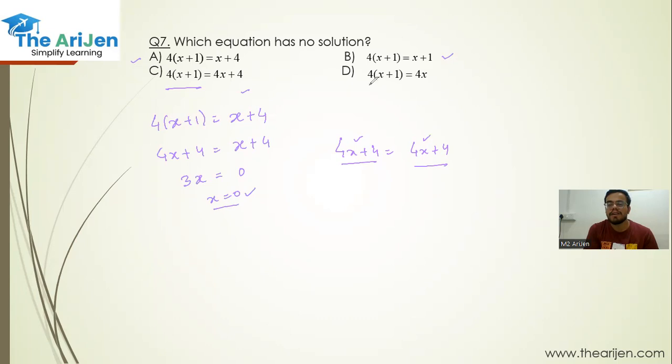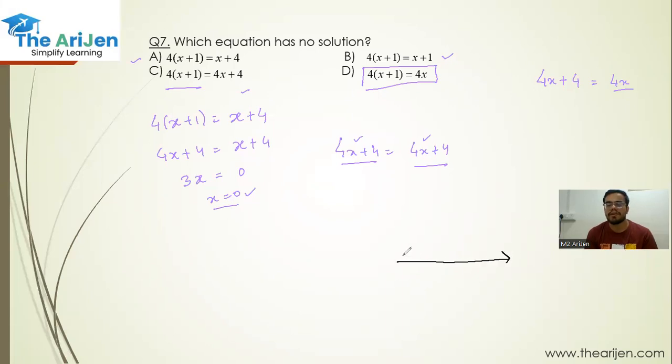But if you have a look at option number D, one is 4x plus 4 and this is 4x, right? I hope you remember the equation of a line that is passing through the origin. We have all read in the topic of straight lines what the equation of a line passing through the origin is.